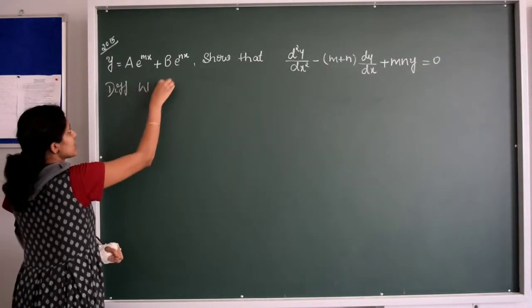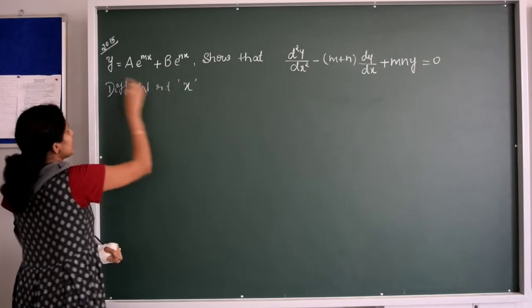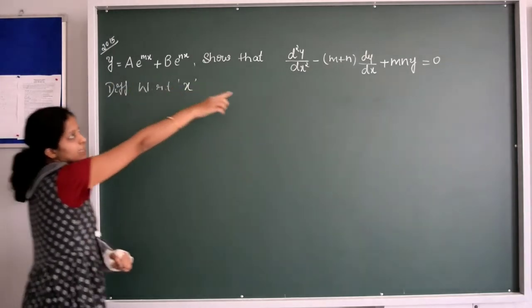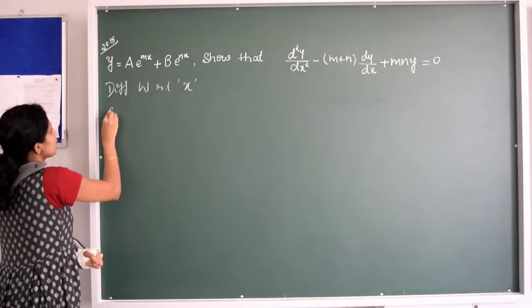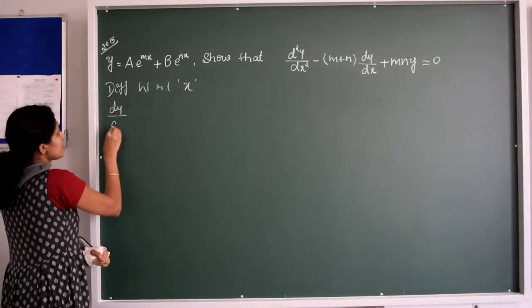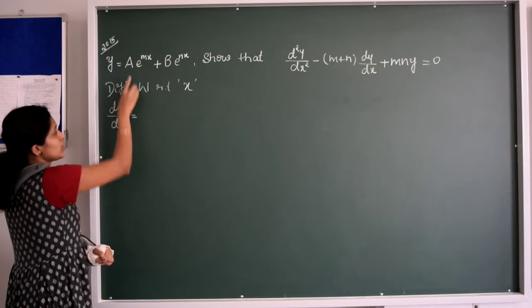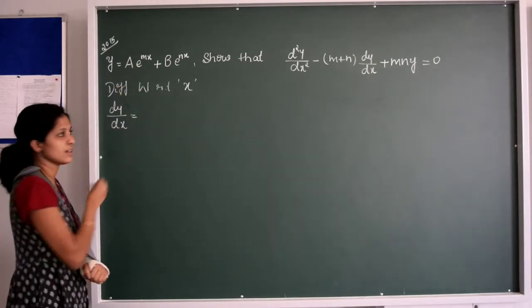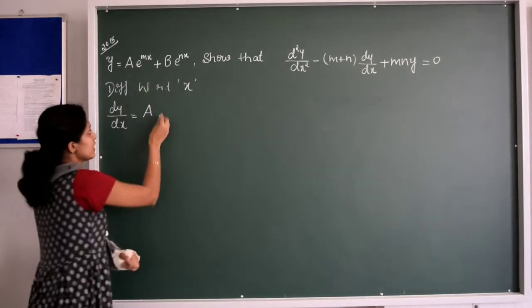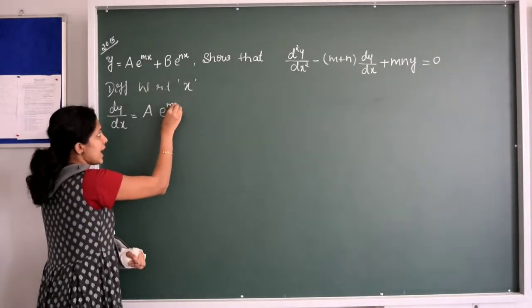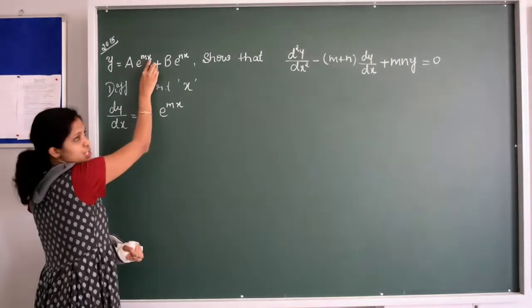Differentiating the function with respect to x. So derivative of y with respect to x. Here it is in the form of dy by dx, right? We use that only notation. So derivative of y with respect to x will be dy by dx is equal to a into e to the power mx. Here a is constant as it is, right? Derivative of e to the power mx, that will be e to the power mx. After that you have to differentiate this, right?